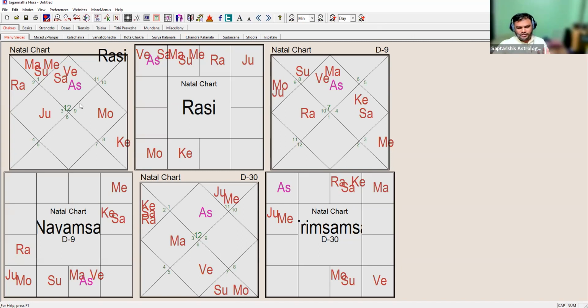So we have seen that Lagna is afflicted here. Lagna Lord is Jupiter. Jupiter is in the 4th house in Gemini sign. We are also discussing divisional charts, so you can cross-check the same thing in divisional charts.